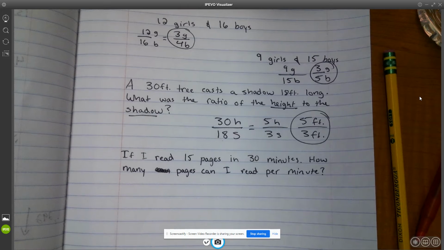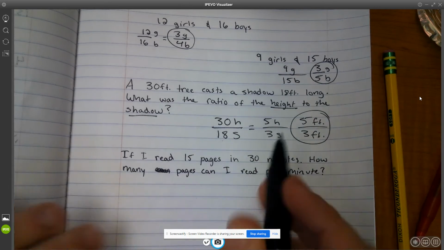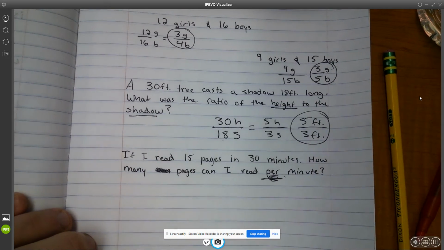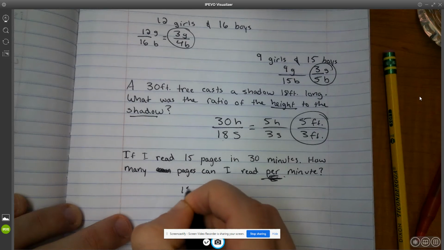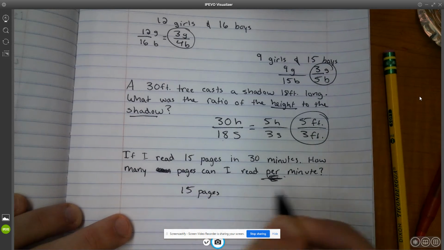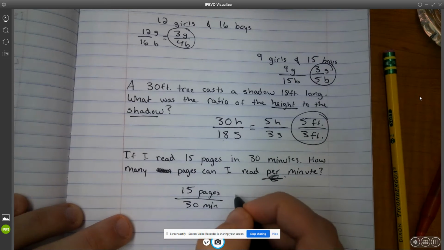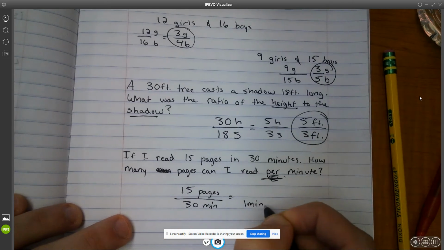Likewise, if I read 15 pages in 30 minutes, how many pages can I read per minute? So keyword there, that's the division, is per minute. We want to try to figure out what 1 minute is. So we go 15 pages in 30 minutes. How many can I do in 1 minute?